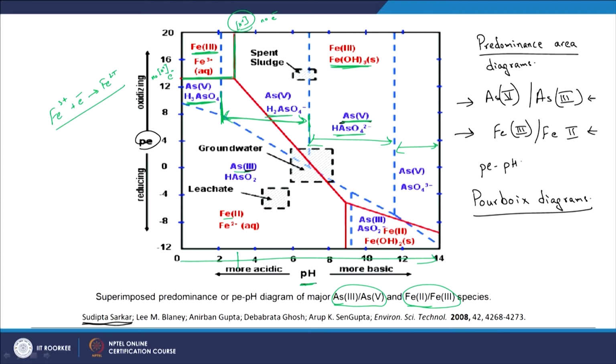The pKa2 is around 7, and thus when the pH is greater than pKa2, you see the other deprotonated form HAsO4 2 minus. When pH is greater than pKa3, you see that the most deprotonated form predominates.